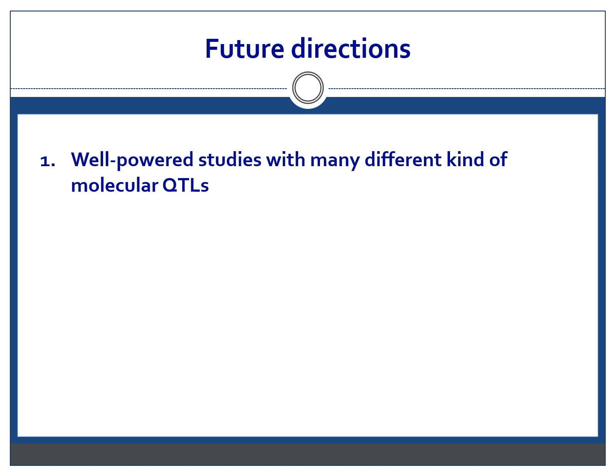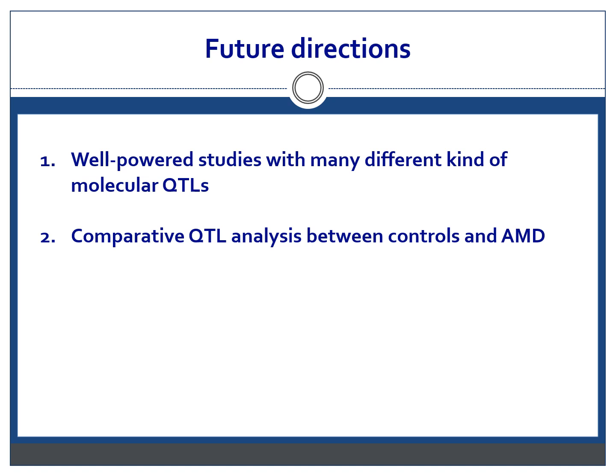So first and foremost, well-powered studies with many different kinds of molecular QTL would be desirable. Secondly, most of our analysis has been done using the control data or by combining control and the AMD data. Thus, a comparative QTL analysis between controls and AMD could reveal unique insights into the disease pathology.